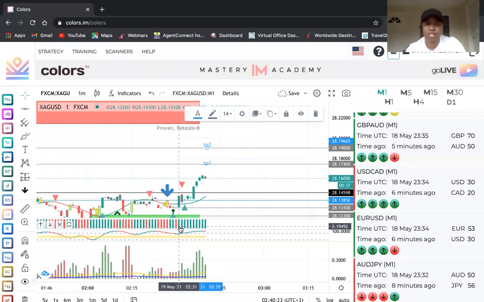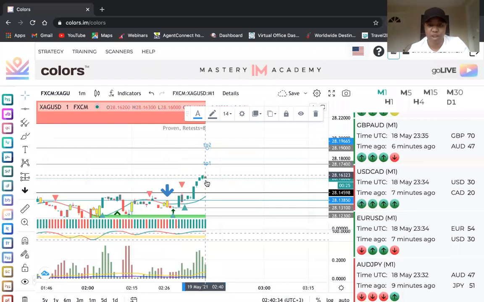Anybody else in profit? So the sellers are trying to come in a little bit, as you can see on this red outline candle right here, but it's not strong enough for the buyers.